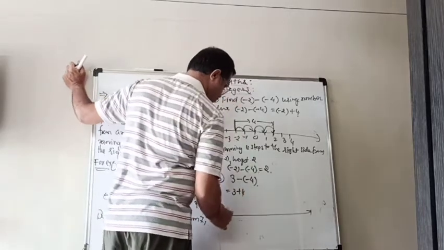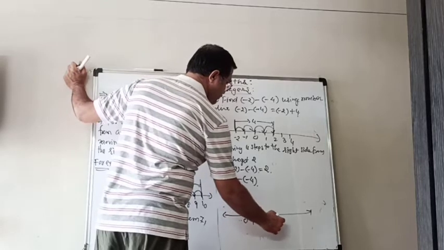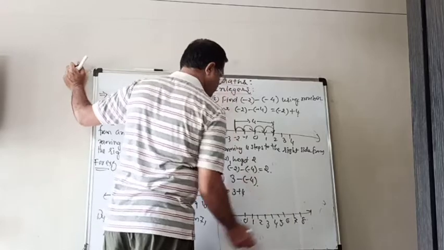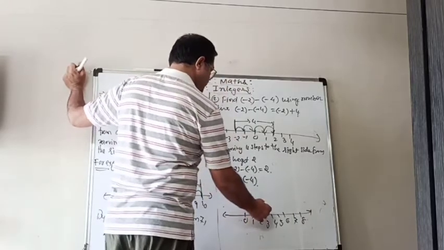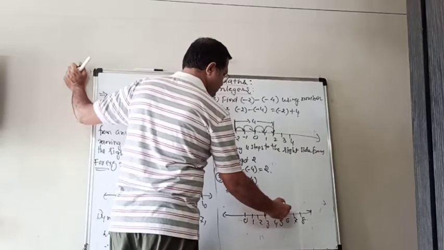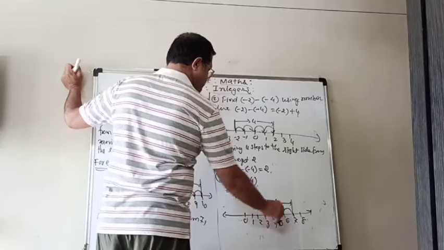So very simple now. 0, 1, 2, 3, 4, 5, 6, 7, 8. Starting from 3, 1, 2, 3 and 4. What did we get? 7.